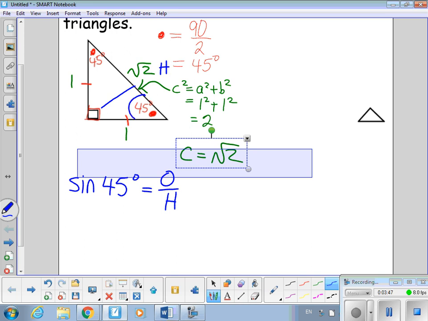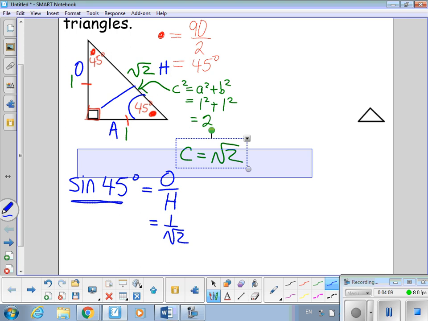If I use this one, this is opposite and this is adjacent. So I end up with sine of 45 as being 1 over square root 2. I'd leave it as 1 over square root 2 because that's an exact value. If I took my calculator and did the sine of 45, it would come out as 0.7071, which is not an exact value.